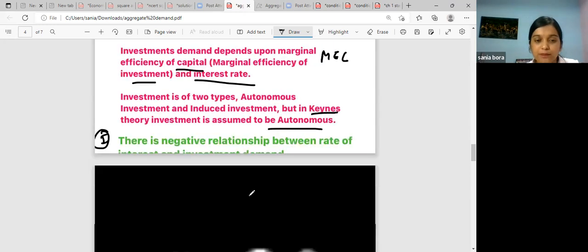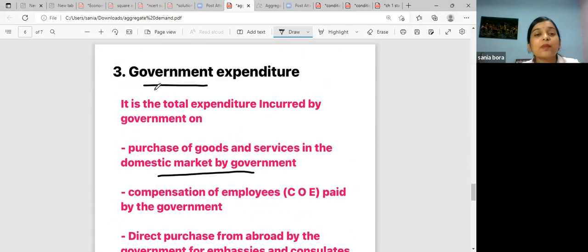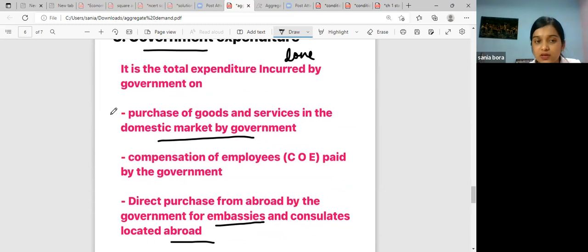Investment demand. Now the next thing is, ma'am, what is government expenditure? It is the total expenditure incurred by the government. Where? 3 things. First, purchase of goods and services for the domestic market. Second, compensation of employees, that means the government people who are getting salaries, pension, subsidies and all that.